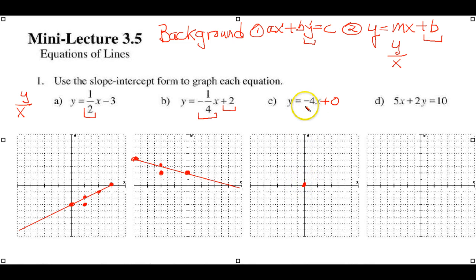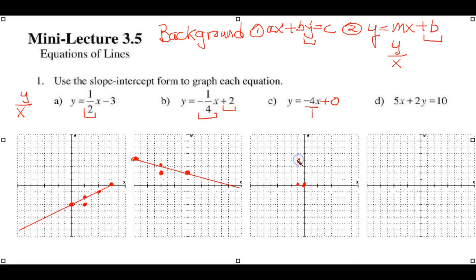So from the origin now, we're going to plot a -4 over 1. So -1 would bring us over 1, and now up 4. 1, 2, 3, 4.